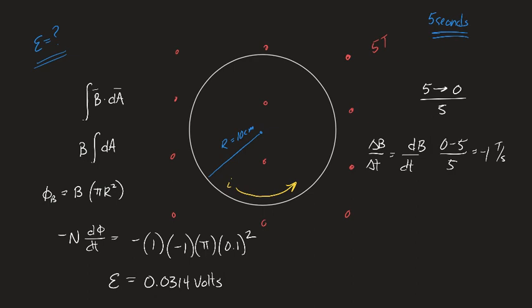All right. How about this one? I've got a wire. It's vaguely circular, like so, in a region of space where there is a magnetic field into the board.